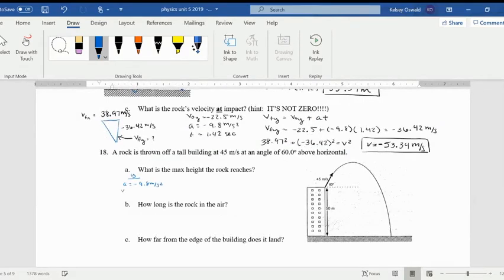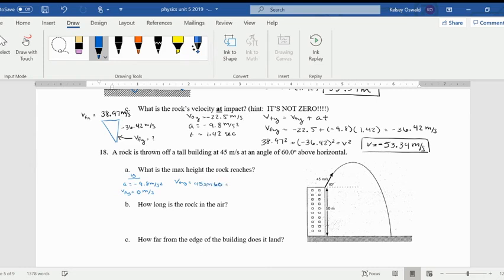Since we're at the maximum height, that final y velocity is 0, and that's just the y velocity. We're still moving horizontally. And then we also know our initial y velocity because initially we're moving at 45 meters per second at an angle of 60.